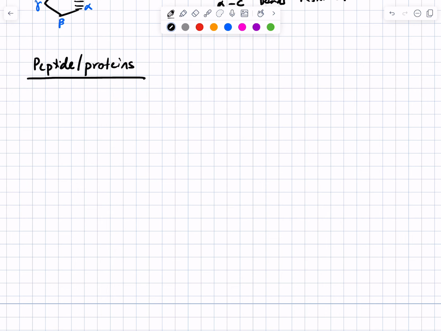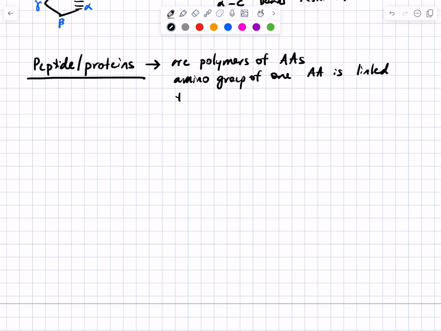But for now, peptides and proteins are polymers of amino acids where the amino group of one amino acid is linked to the carboxylate of another via an amide bond.